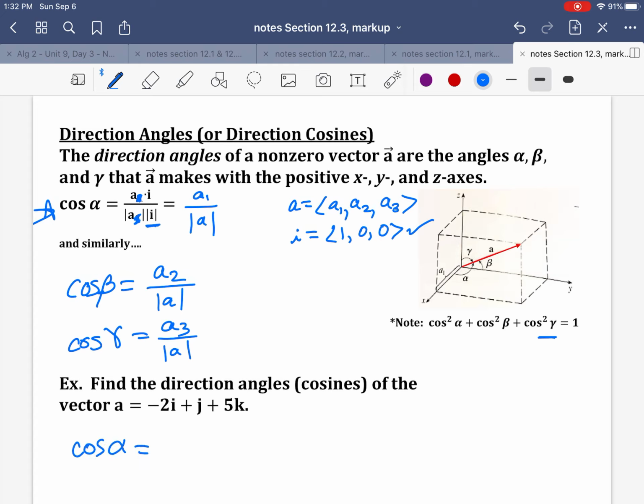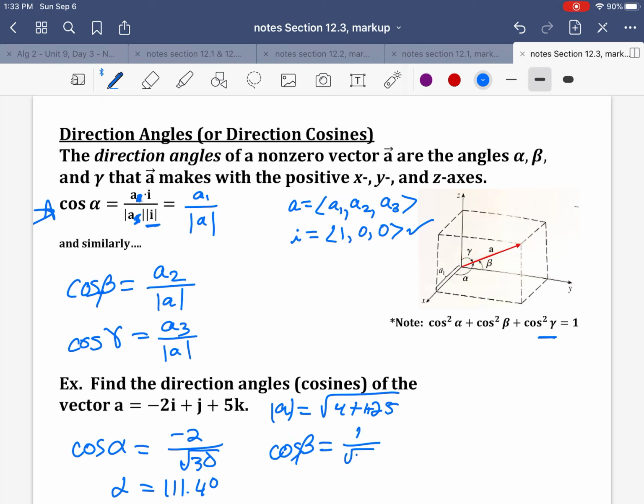All right, so find the direction angles of this vector right here. Cosine alpha: I'm going to do A1, so -2 over the magnitude of this vector. The magnitude of A is going to be the square root of 4 plus 1 plus 25, so that would be the square root of 30. You get your calculator and your angle comes out to 111.4 degrees.